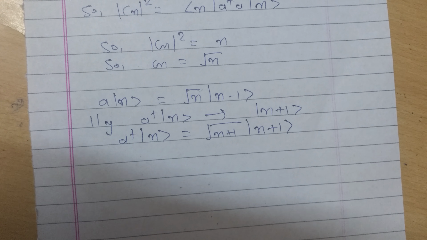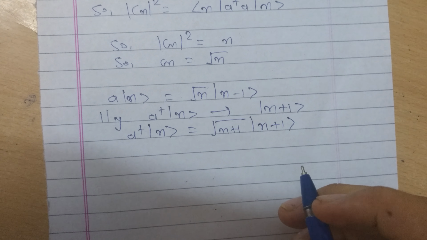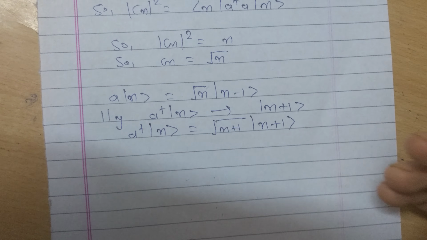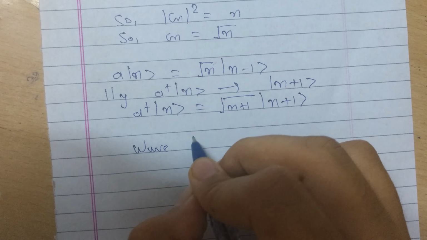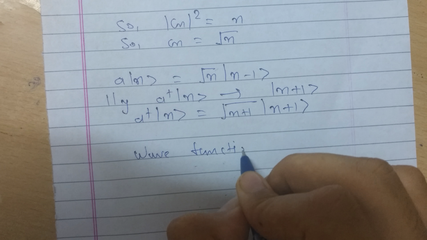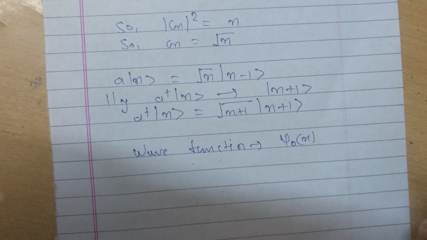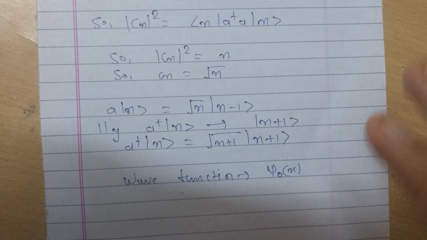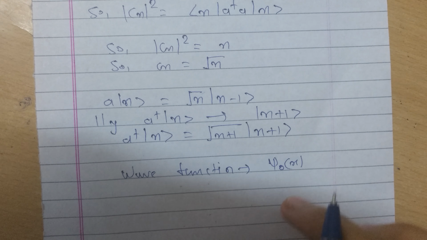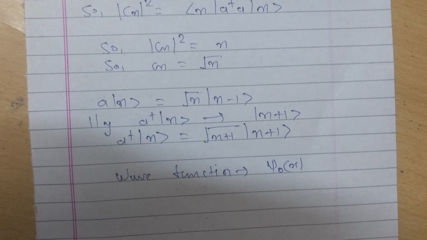Now suppose that the particle has a wave function for n equal to 0, for the ground state, ψ₀(x). If a lowering operator acts on this ground state, the value will be 0.